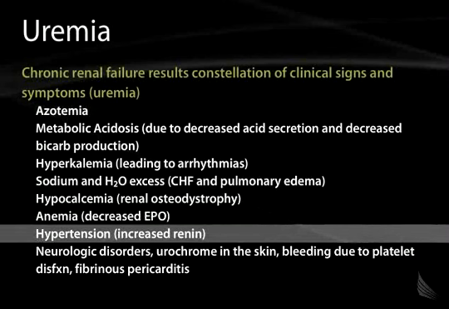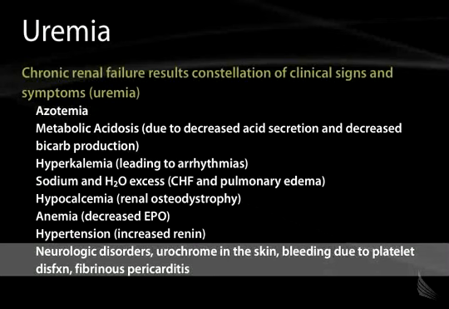You can get hypertension from increased renin production and activation of the renin-angiotensin-aldosterone axis. And you can get other miscellaneous clinical features, including neurologic disorders, skin disorders, platelet dysfunction leading to bleeding, and fibrinous pericarditis. All of these are clinical features of uremia, which is the end point of renal diseases.